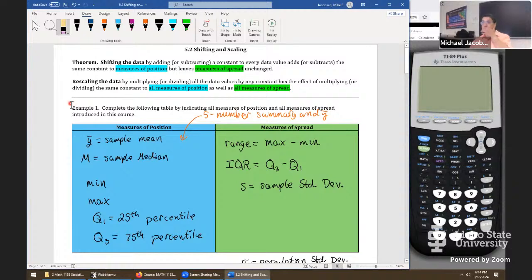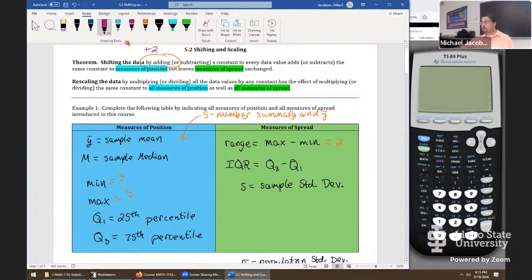If the maximum and minimum change, how does the range not change? Let me see here. I see what you're saying. Let's say for a quick example the minimum was 3, maximum is 5. So the range on this one is going to be 2, right? But now let's say we add some number to every single data observation. That would change these, right? Let's say we just add 2 to make it simple.